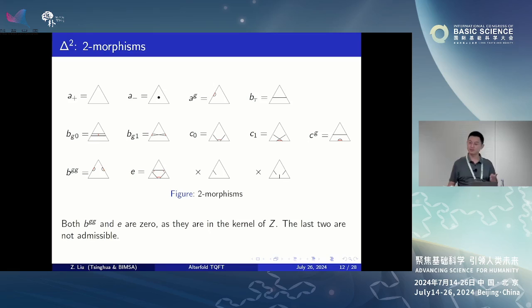So there are three possible labels: the trivial, the single point tau, and the two-point G. And then we just draw all possible connections of those points, and that gives us the possible labels of the two morphisms. Certainly once we fix the boundary condition, there are only finitely many possibilities to connect the boundary points. So that gives the finiteness of the two morphisms.